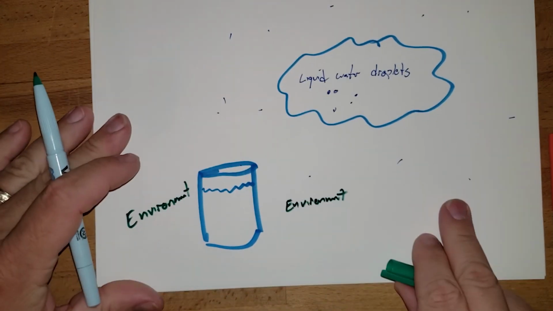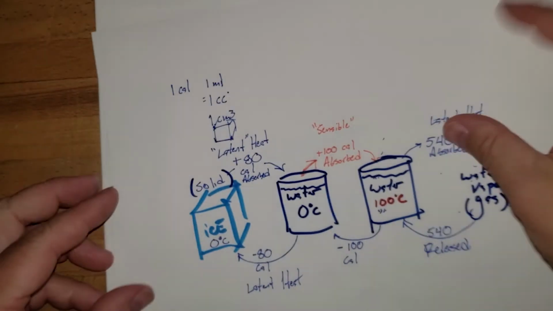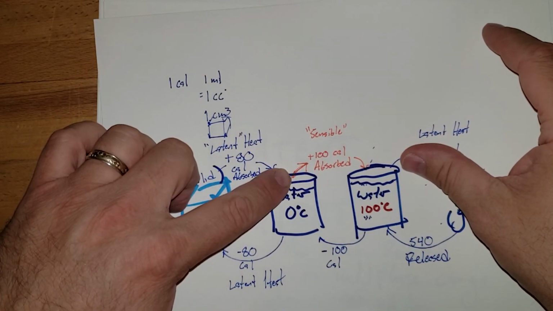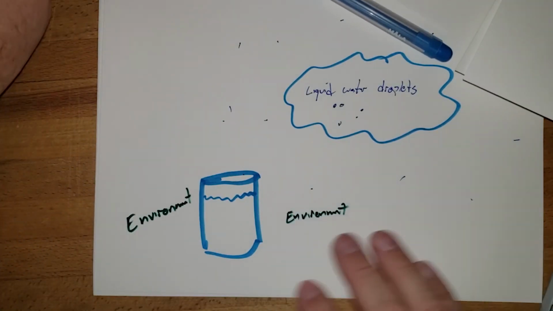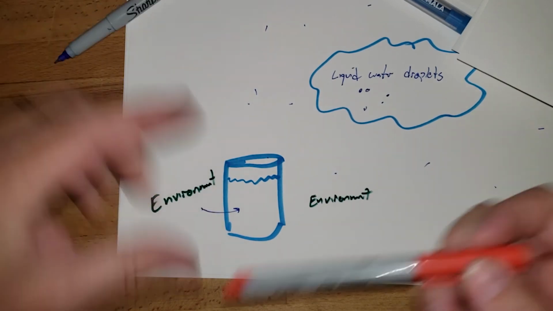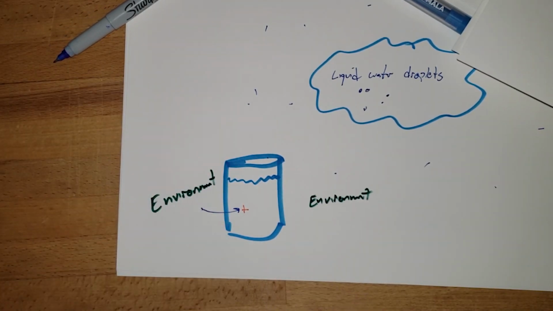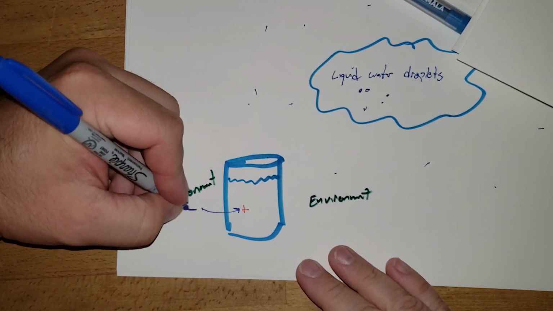Okay, so if that process is going to be absorbing heat energy, that means that the energy is coming from the environment and going to the water. Okay? What will happen is we'll have positive energy going to the water, and that energy is coming from the environment.